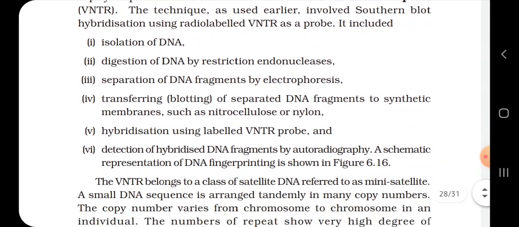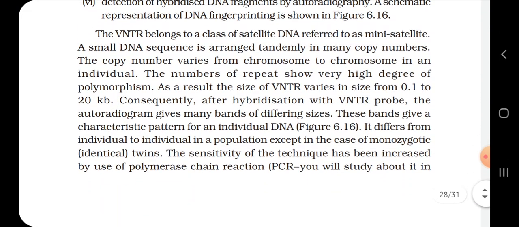Now, the size of the VNTR varies from 0.1 to 20 kb. As a result, hybridization with the VNTR probe gives an autoradiogram with many bands of different sizes, but these bands give a characteristic pattern for an individual, and these bands are unique for all individuals.